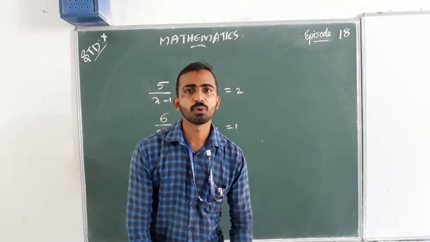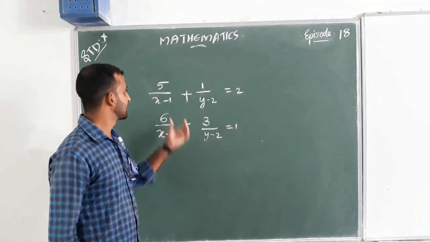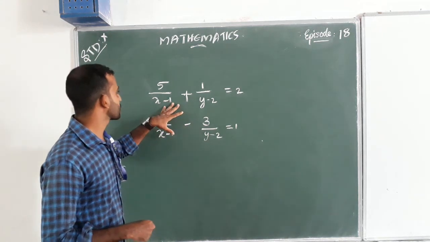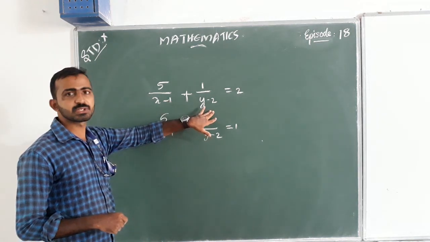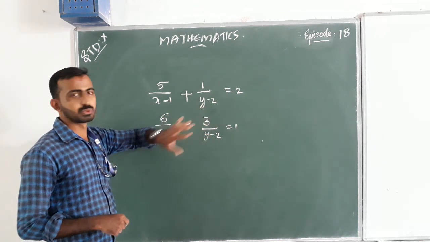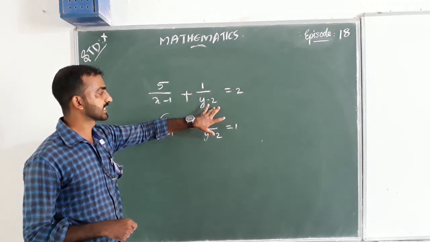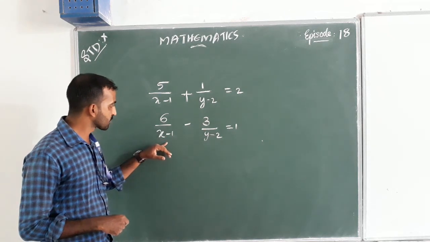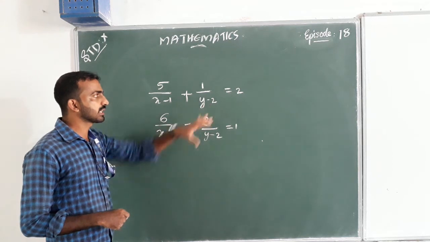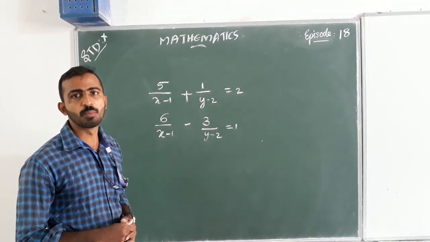Here we want to solve these two equations. Here it is x minus 1 and y minus 2 in both. When we solve these equations directly, there is some complication.